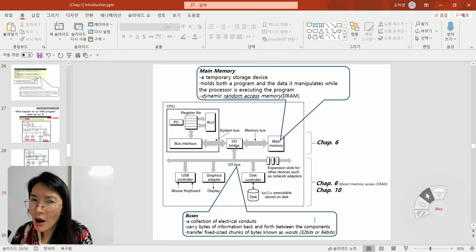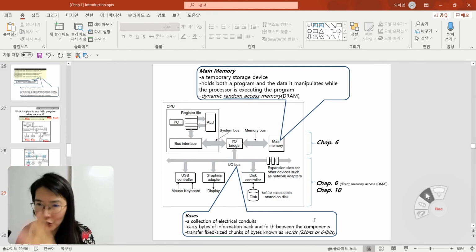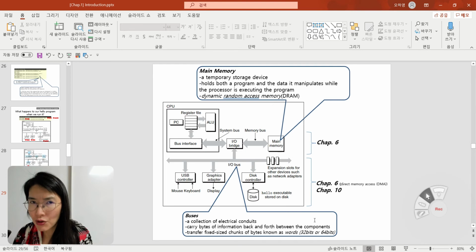So we will talk about more detailed definitions of each hardware component. Please take a picture of these slides, and you can also write down each definition in your own notes. Then you can take a picture of your own writing as well as this slide, and paste it into your own Word file.